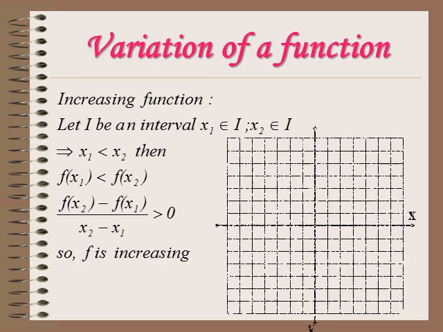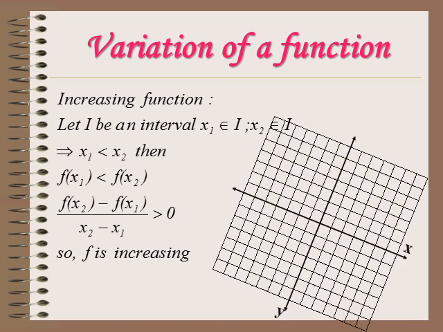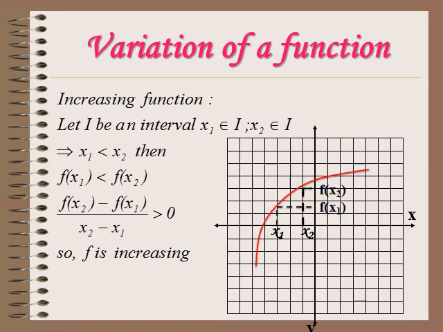Variation of a function. Increasing function. Let I be an interval, x1 belongs to I and x2 belongs to I. If x1 is less than x2, then f of x1 is less than f of x2. That's increasing.